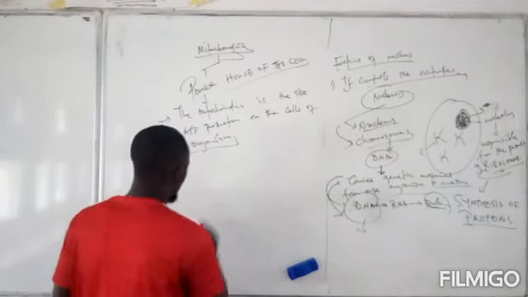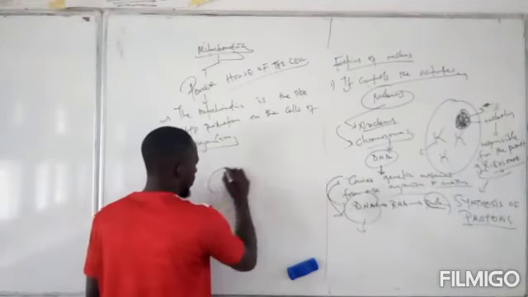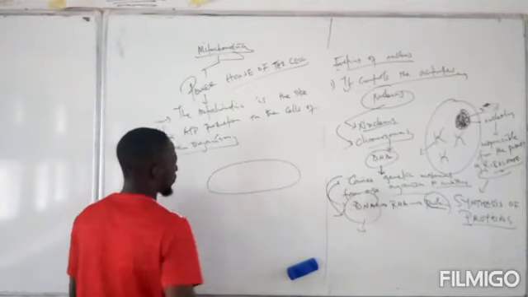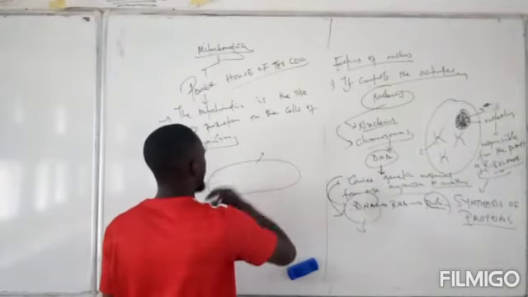Now, the mitochondria are shaped like this, the sausage roll, you may see it.